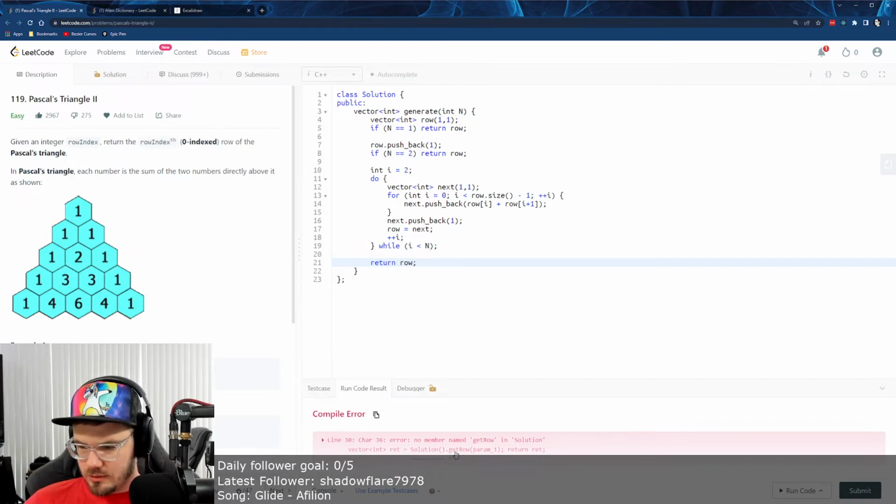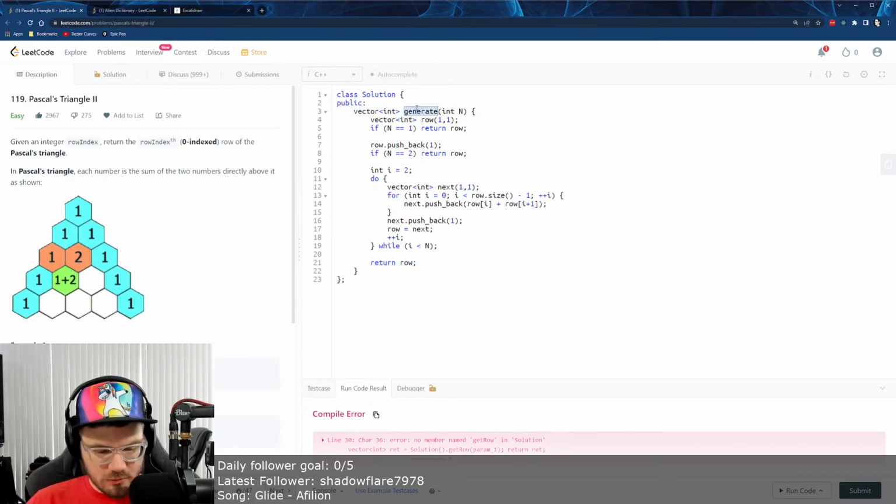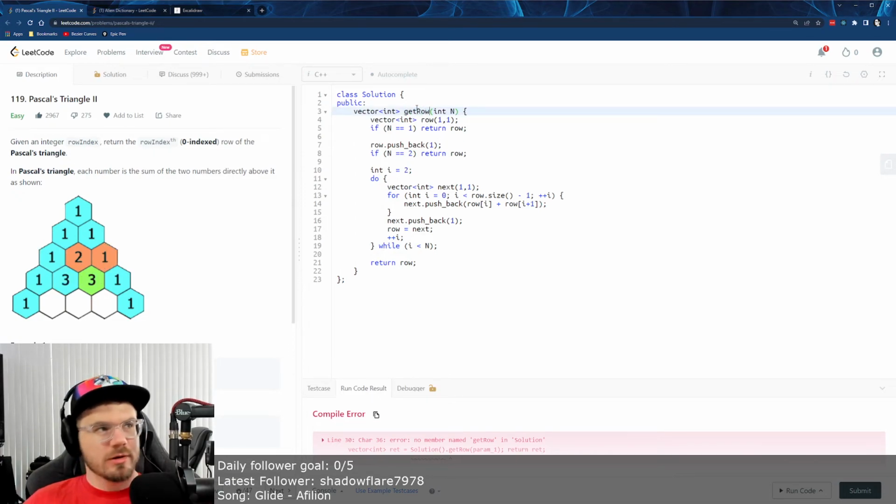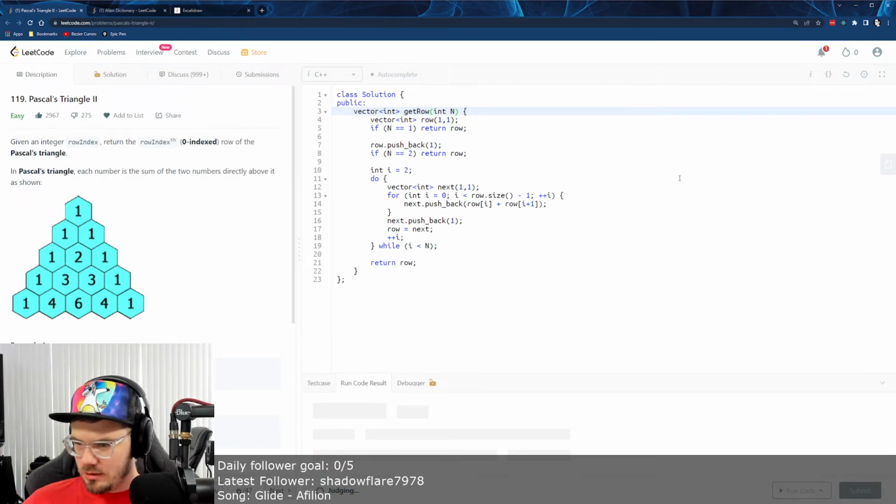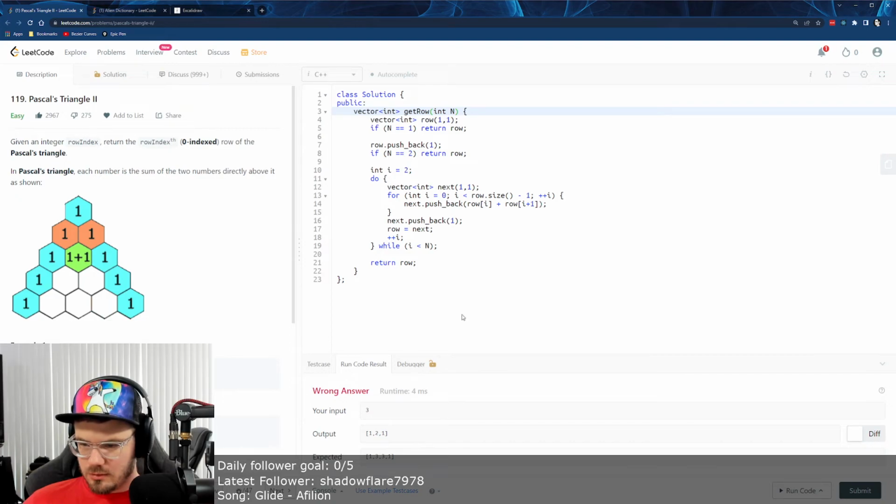Okay, and so they renamed this, it's now just getRow instead of generate, because I copied my code in, so I overwrote what the function that they want us to write is called. Okay, and so we're off by 1.